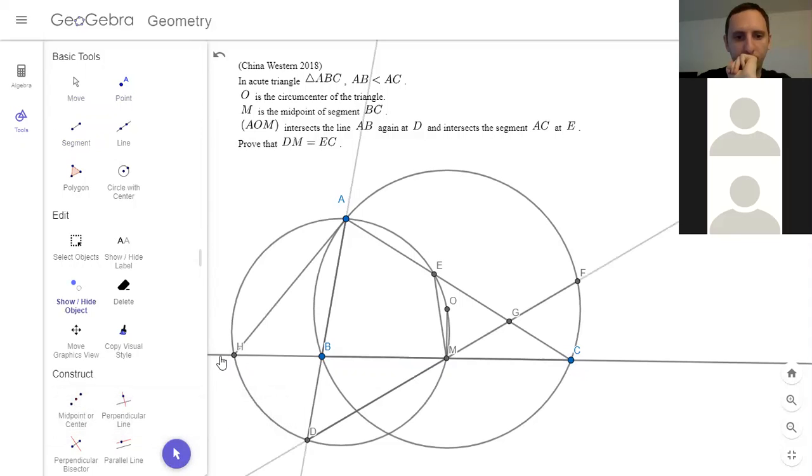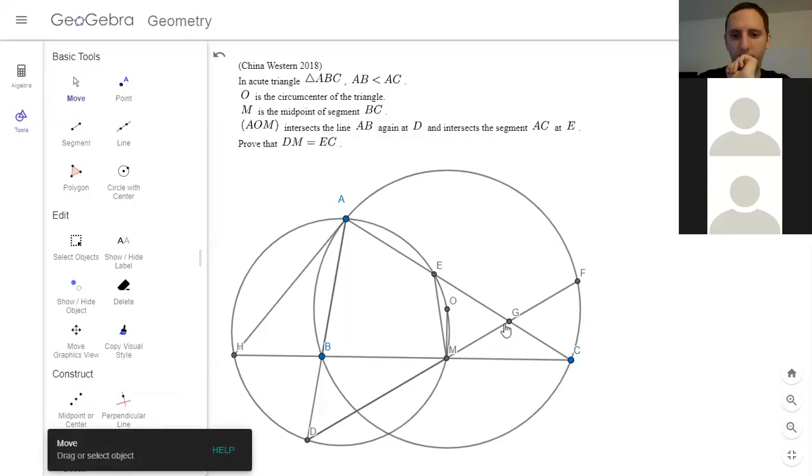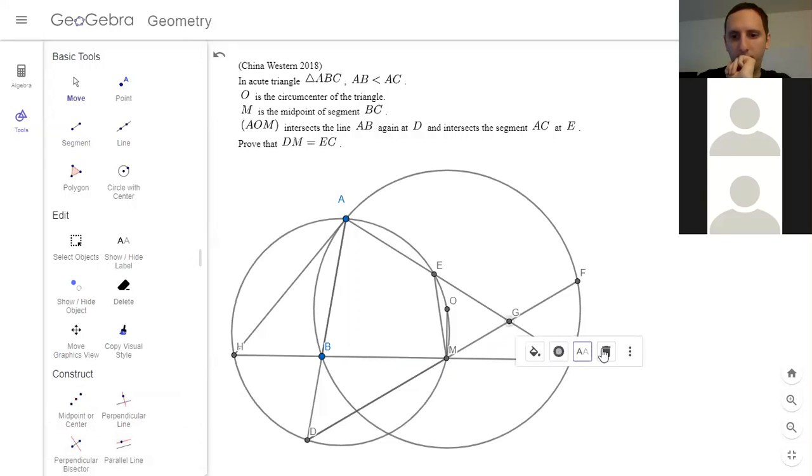Because OMH is perpendicular, 90 degrees. Okay, since OMH is 90, that means OAH is 90, which means HA is tangent. Then angle chasing: angle CH equals HAB equals HMD. Finishes.